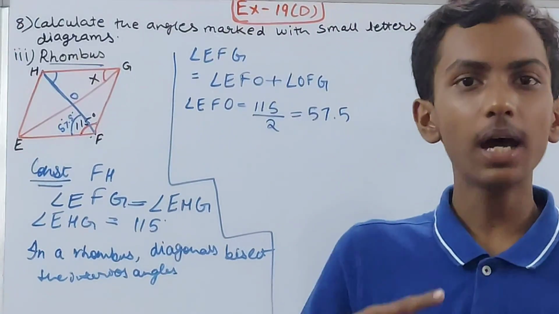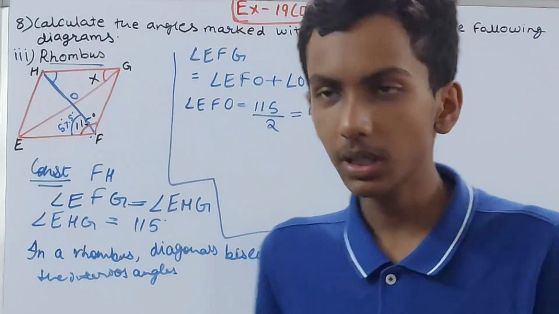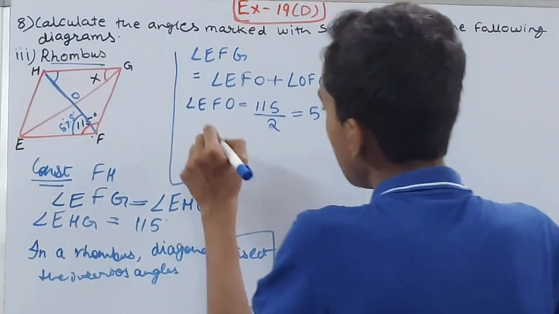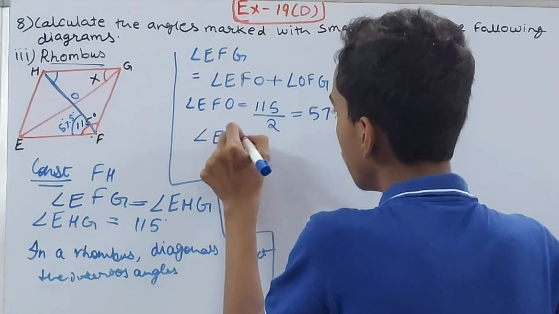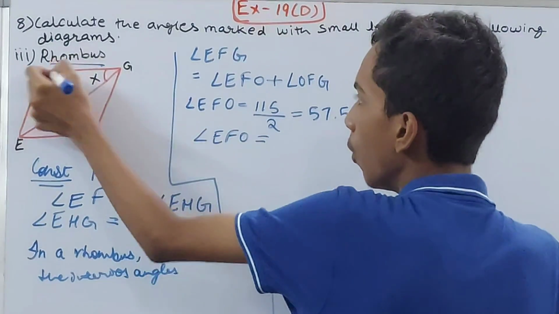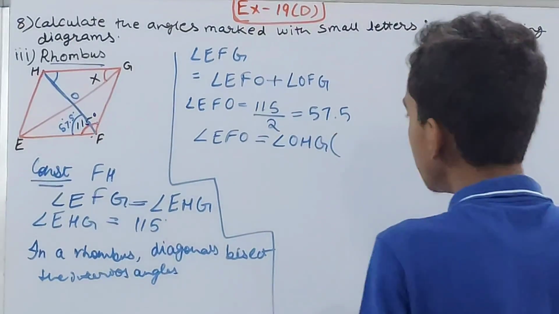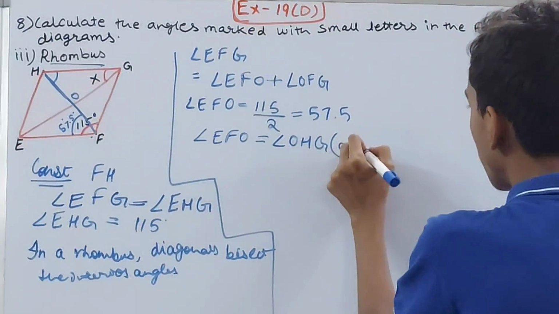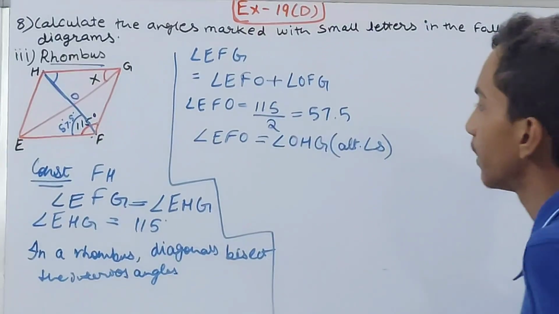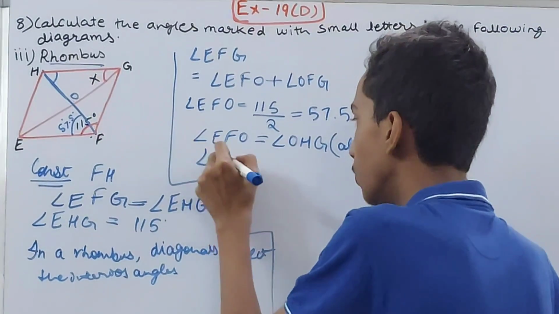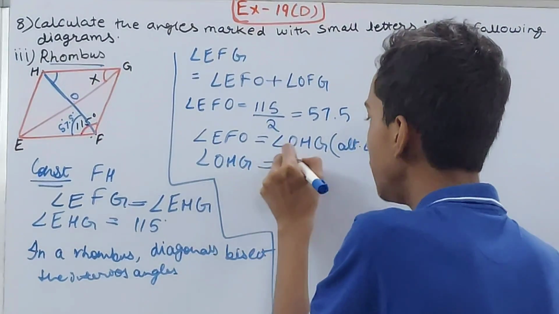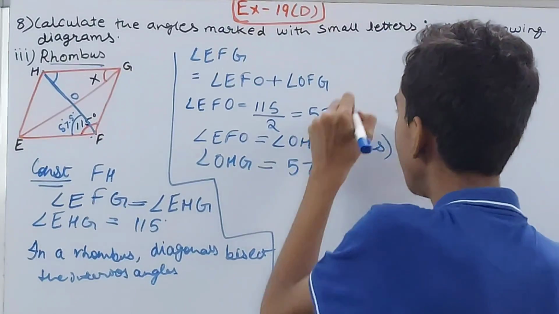These two are a pair of alternate angles. So angle EFO will be equal to angle OHG, because it is the pair of alternate angles. You can write the rest down by yourselves. Therefore angle OHG will be equal to 57.5 degrees.